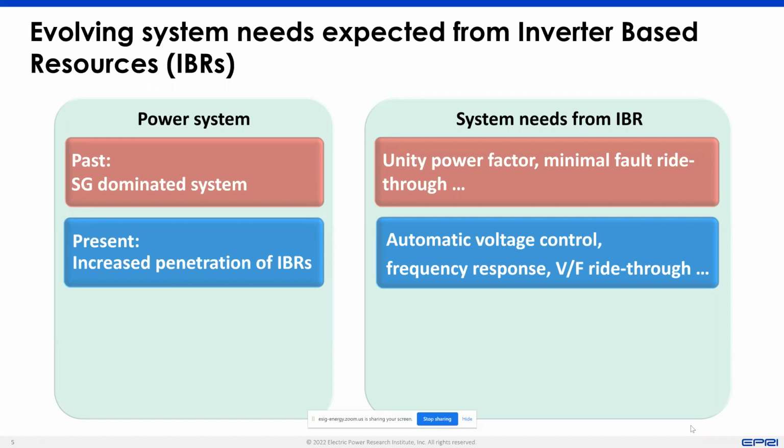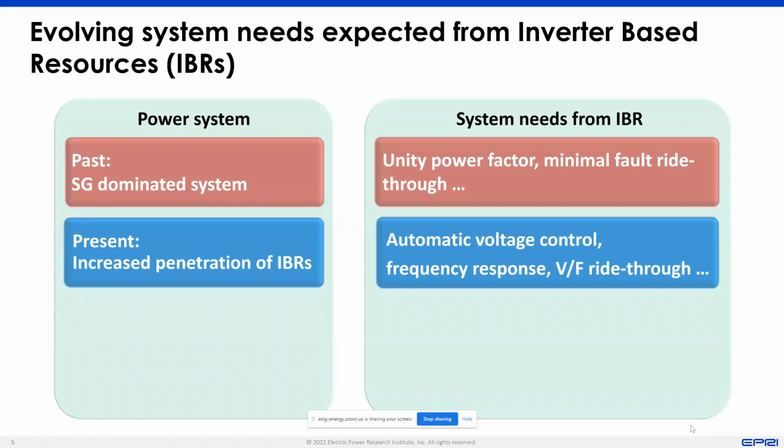Now, these are traditionally slower types of response, especially for a large solar plant or a large wind plant, where closed loop automatic voltage control or frequency response happens primarily at the plant control level, which then filters down to the inverter level, and then you get the services at the point of interconnection. But when you close the entire loop, you get this frequency or voltage response over a longer period of time.